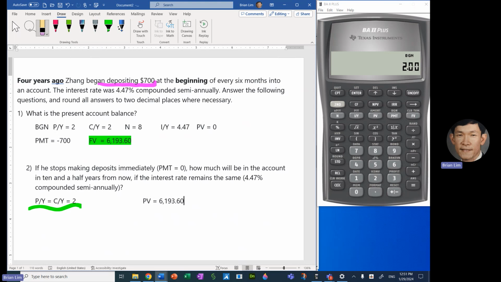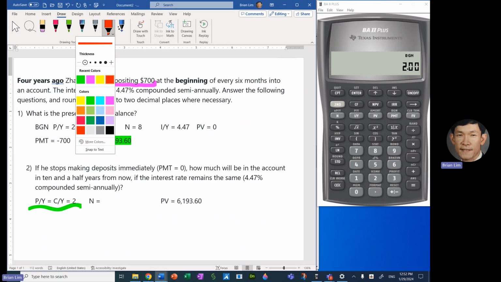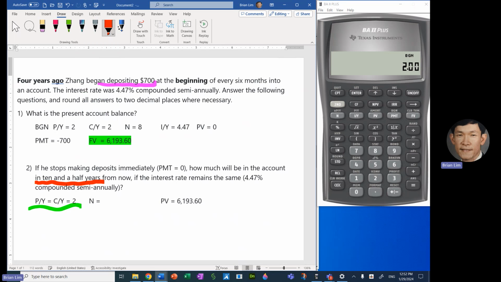After that, we are trying to find the value for N. So what is N equal to? Well, we take the 10.5 years, we put that number in here, 10.5 second N, and N takes on the value of 21.